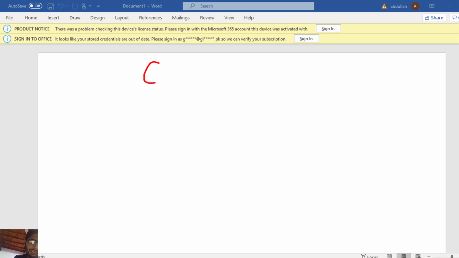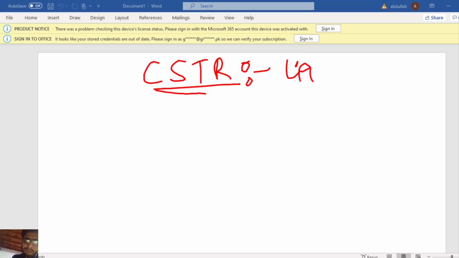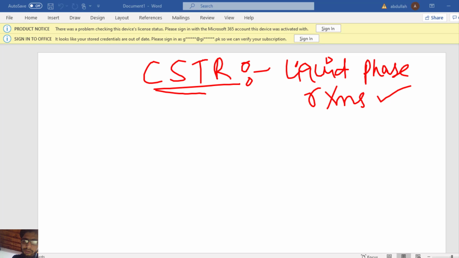Now the continuous stirred tank reactor, which is CSTR, is usually used in liquid phase reactions.